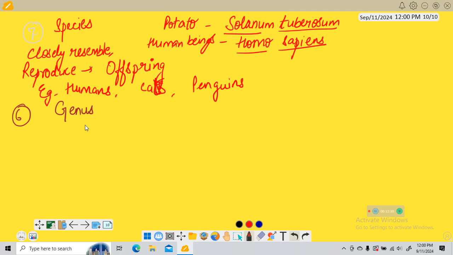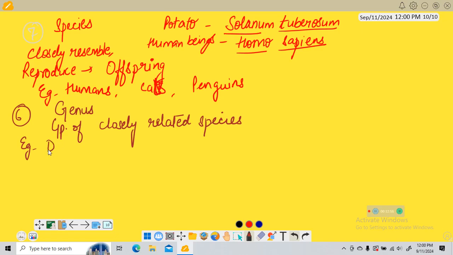Here the similarities will be little less. So here we can say this is a group of closely related species. For example, dogs. I am taking example of dogs and grey wolves.